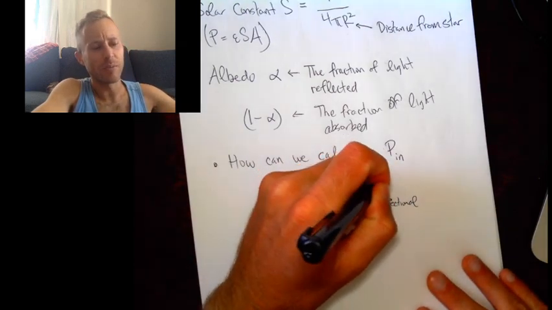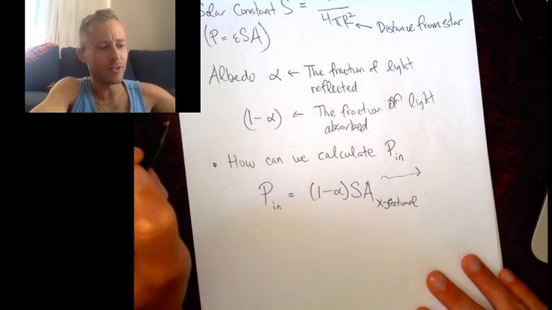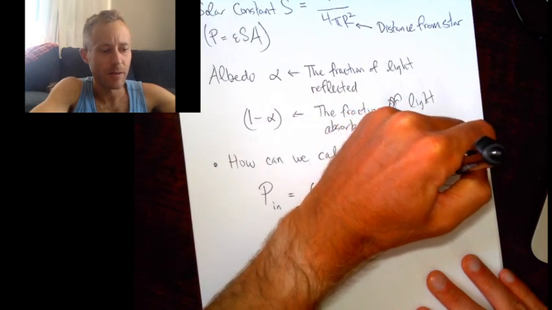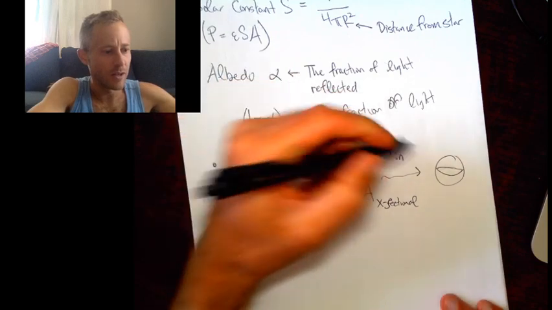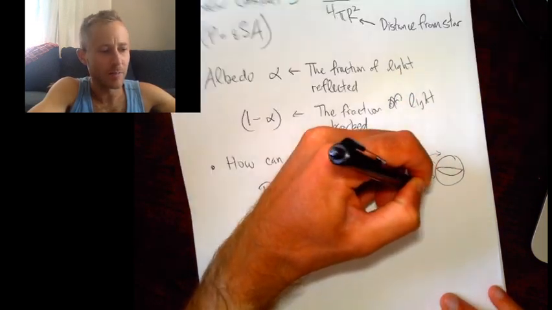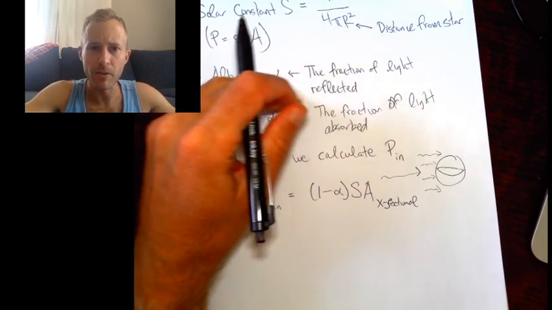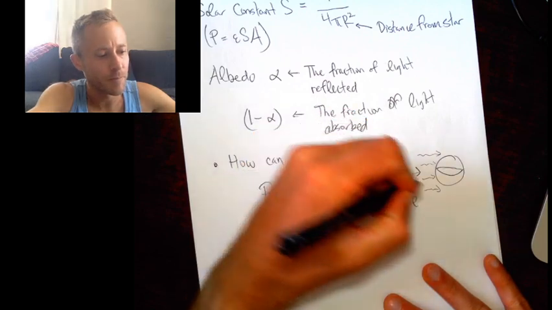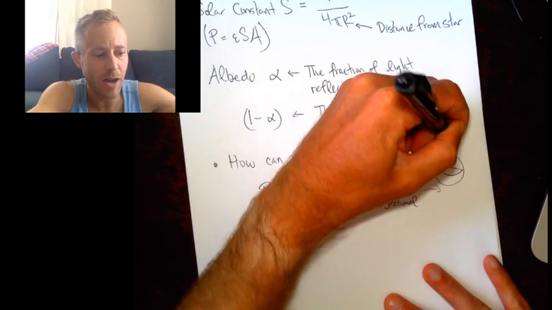So for example, what is the cross-sectional area of a sphere? Well, if the light is coming in to hit the sphere, the cross-sectional area is going to be pi r squared.